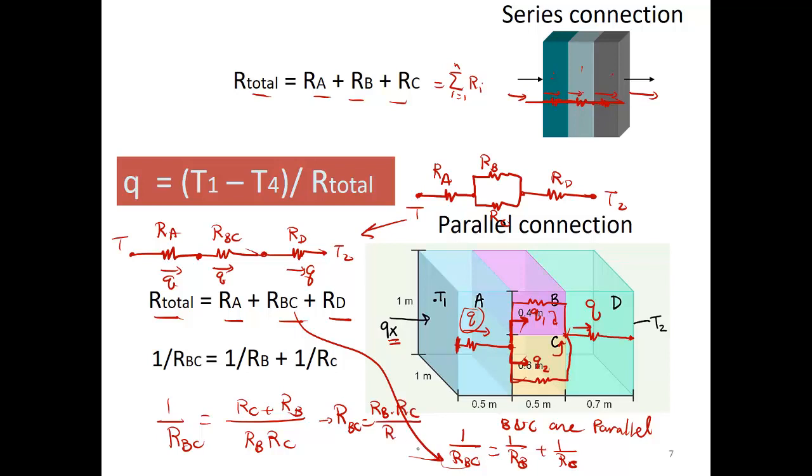I know there are a couple of rules which you can use directly for the parallel, but let's just keep it simple just in case some of you are not very familiar with the concept of electric circuits and resistances.